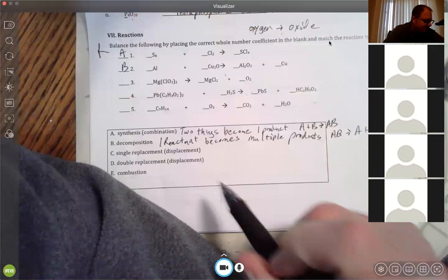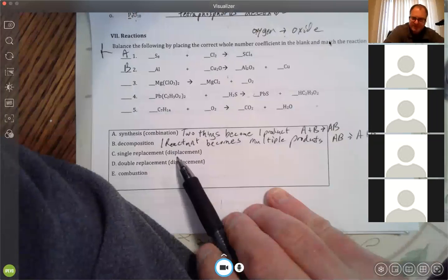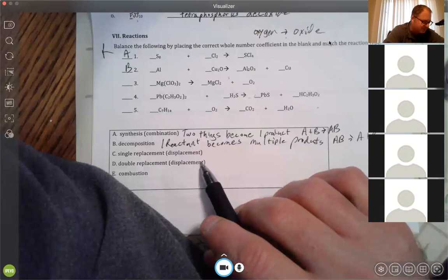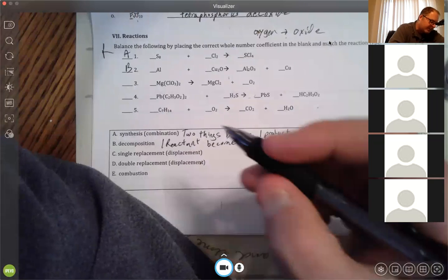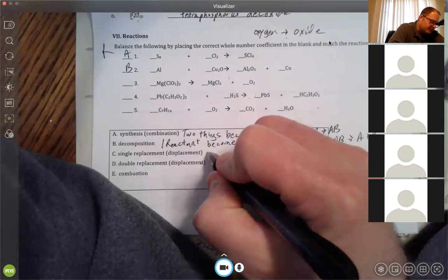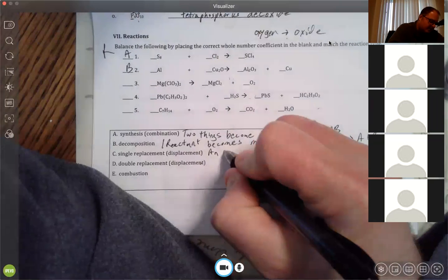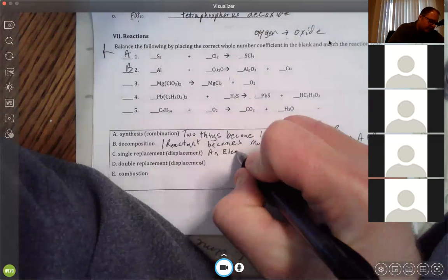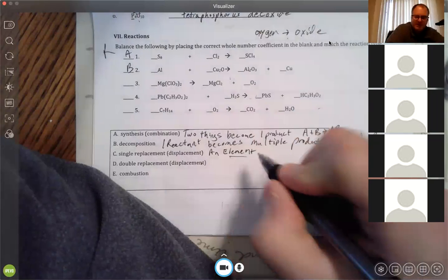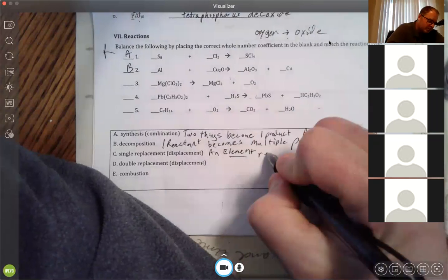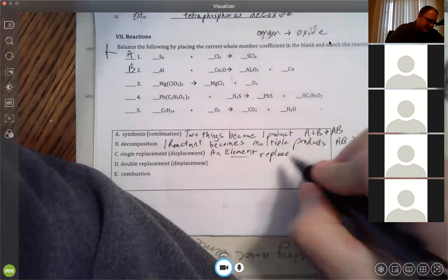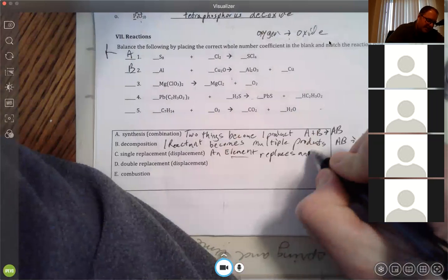Single replacement, or what is commonly now referred to as displacement. An element, that's a key, it has to be an element, replaces another element in a compound.